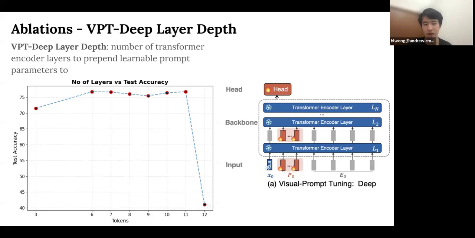However, from 6 to 11 layers, we see no apparent trend. Surprisingly, we found that the accuracy at layer 12 was much lower than expected, and this is an unexpected finding. We think that either tiny is too small, so it has a lower capacity that may hinder its ability to handle the 12 prompt layers.